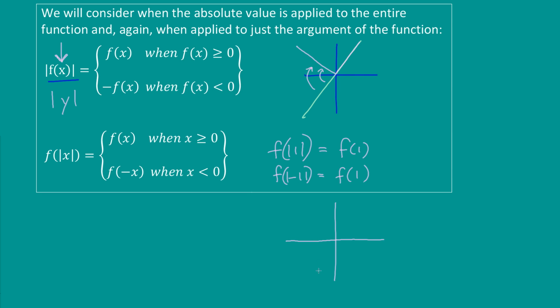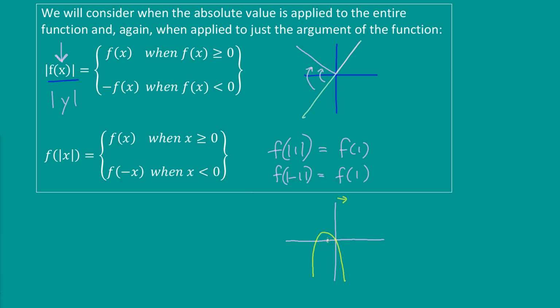So if I had, say, a graph like this, my x values are positive to the right of the graph, so these are all okay. These are fine. But my x values that are negative, like all of these points, they're going to become the positive x versions of themselves.